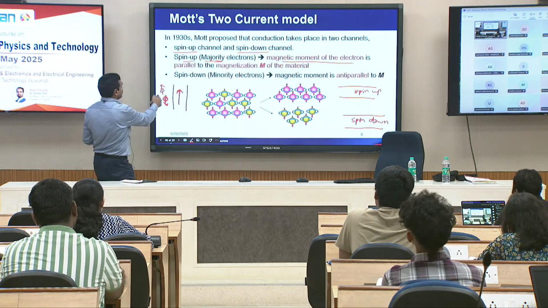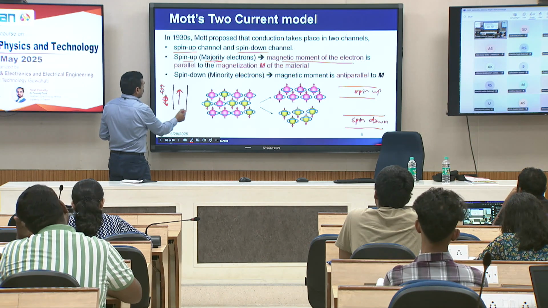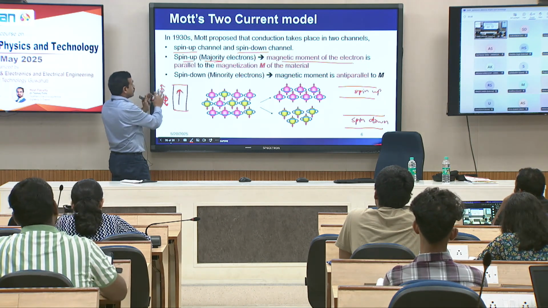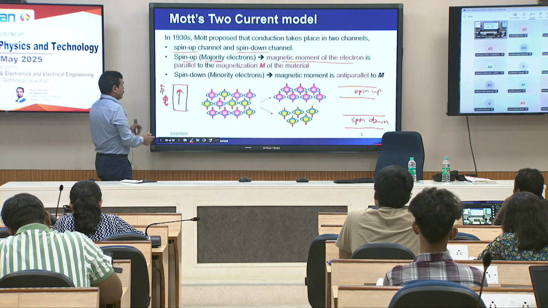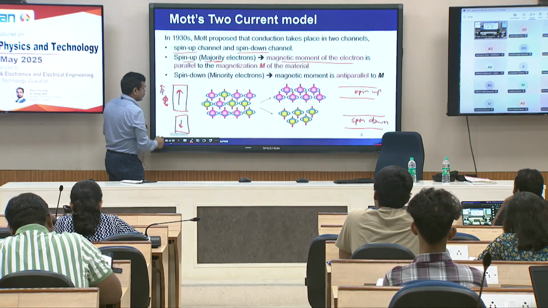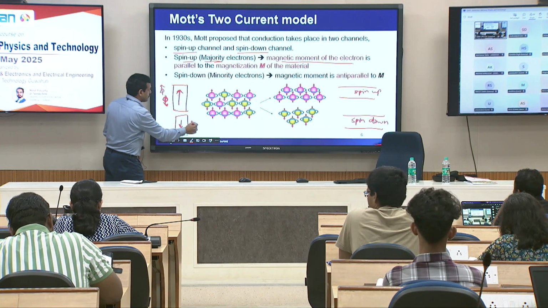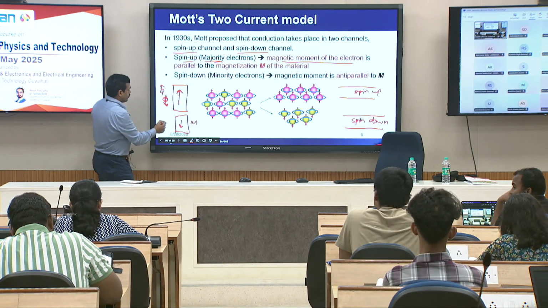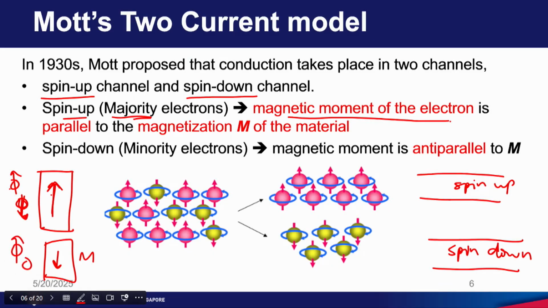So, it depends on the magnetization of the layer into which they are going. Let us say you have magnetization of this layer down like this, and if you send electrons, in this case this will be minority electron, and this is majority electron.